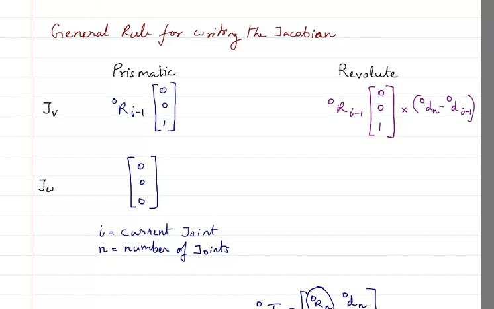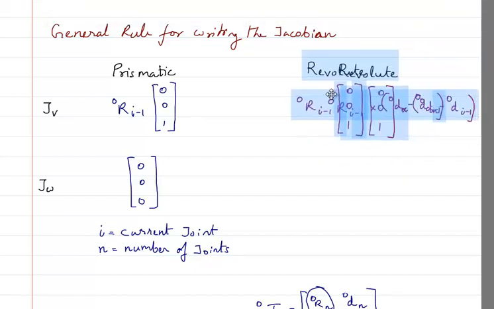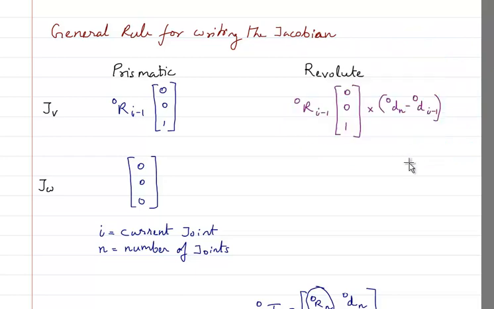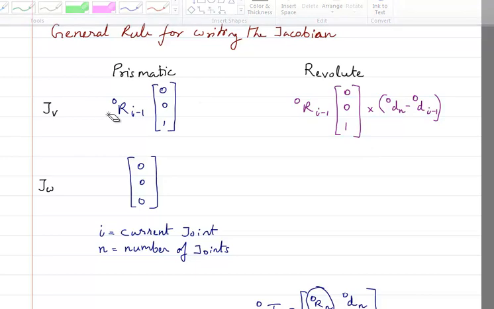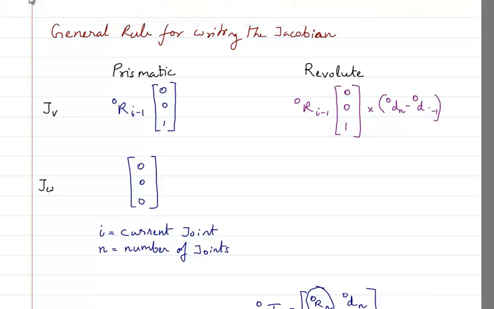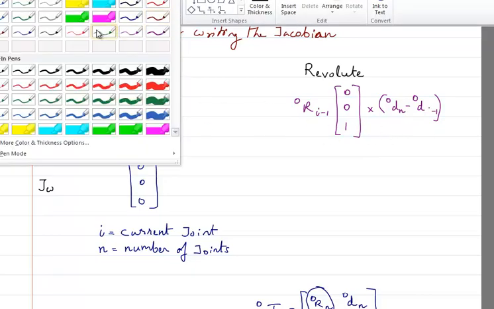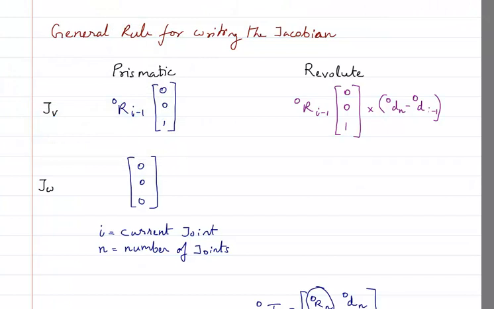So let me bring this a little bit inside. This is the equation. As you can see, it is not as simple as the case of a prismatic joint. It is slightly complicated, with a multiplication factor of 0 dn minus 0 d I minus 1. You will understand this once we do an example.